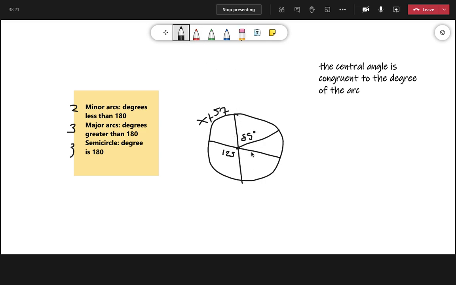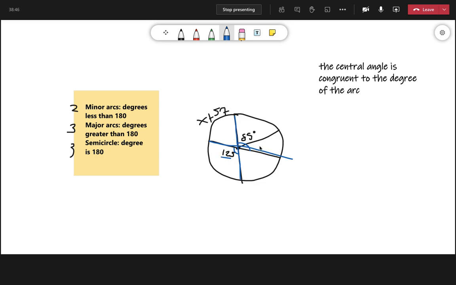We know 125 is made up of two lines, this line and this line intersecting. So if these two lines intersect, that means this angle is vertical to this angle. The whole thing, this one is 125. These two together have to be 125.